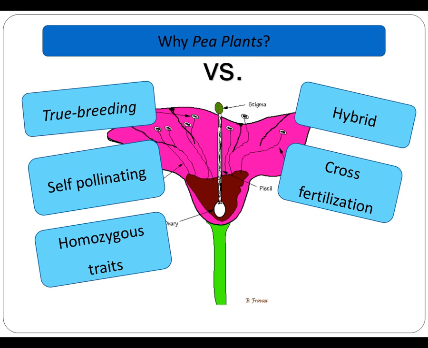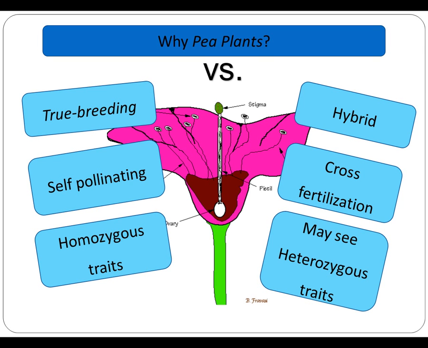There's some bee or a human or something moving the gametes from one plant to another, crossing their genetic material. So pollen is being transferred from one plant to another. If we look at hybrids and cross-fertilization, that's when we can begin to see some heterozygous traits expressed.